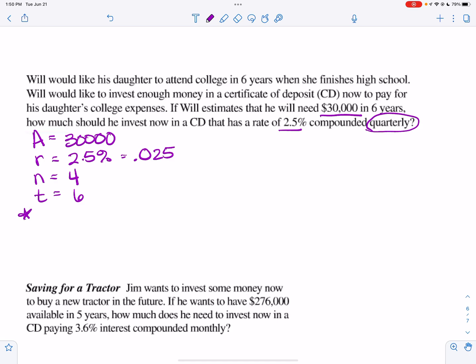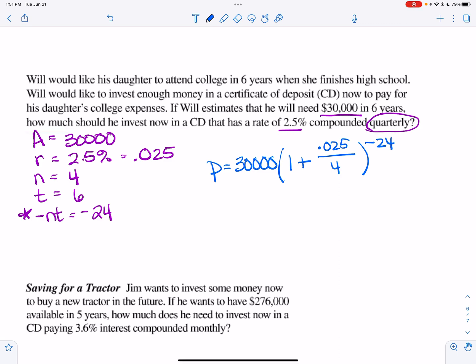So this is the difference. I'm going to figure out negative N times T, which becomes negative 24. So my present value, this is what I need to invest now so that I will have $30,000 in 6 years. So I take 30,000 times (1 plus 0.025 divided by N, which is 4) raised to the negative 24 power.